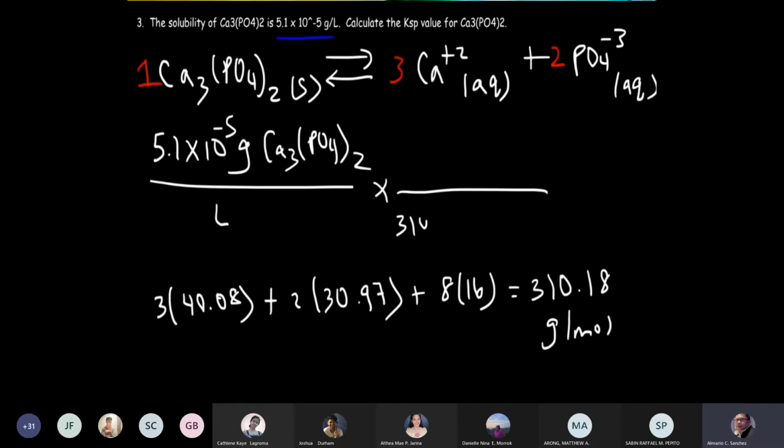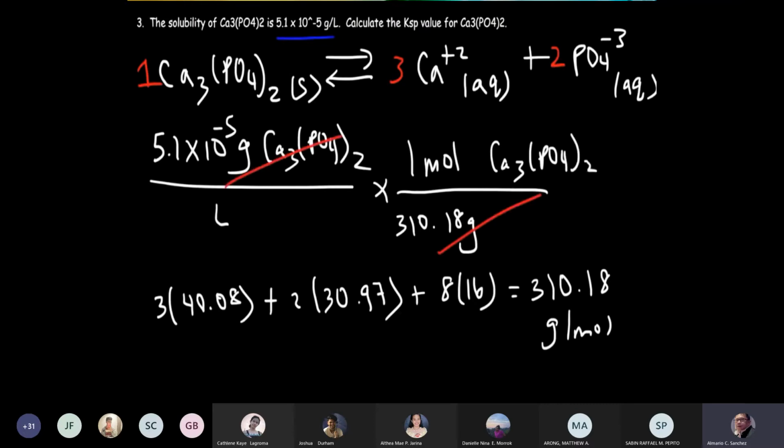So we can say that there's 310.18 grams of calcium phosphate per 1 mole of calcium phosphate. So these units will cancel. And so it's going to be 5.1 times 10 to the minus 5 divided by the molar mass, which is 310.18.